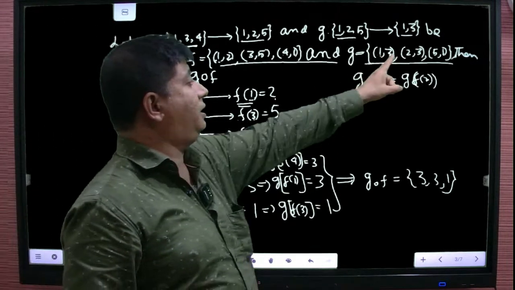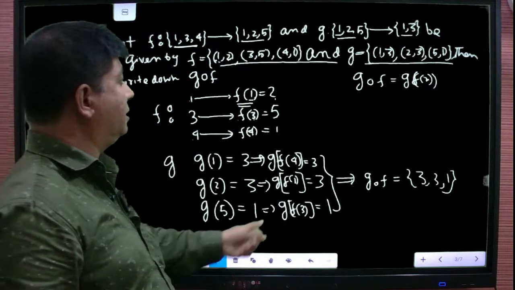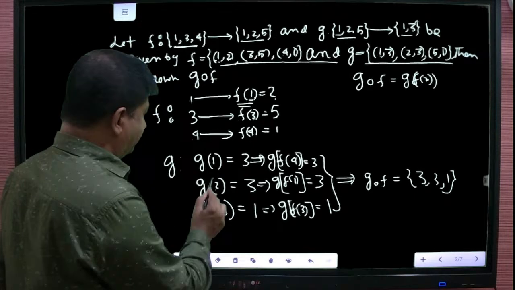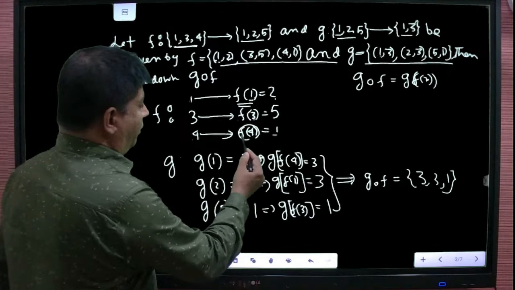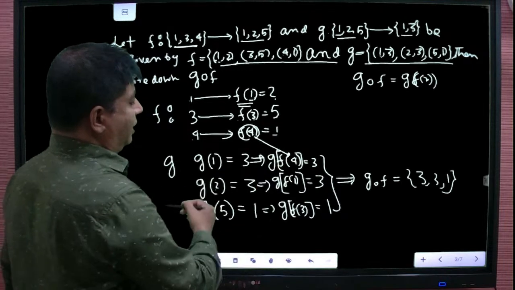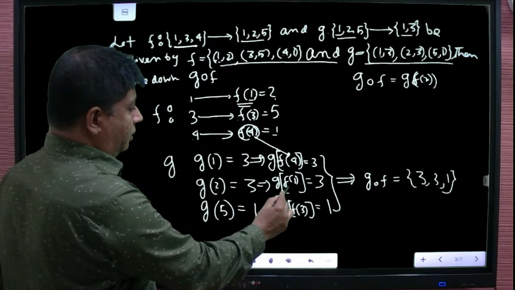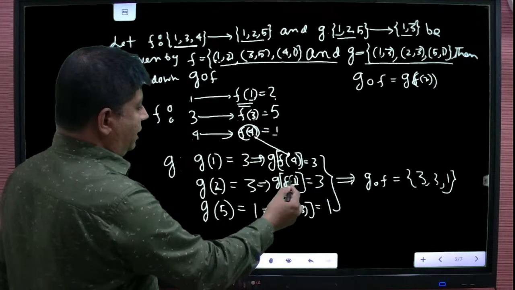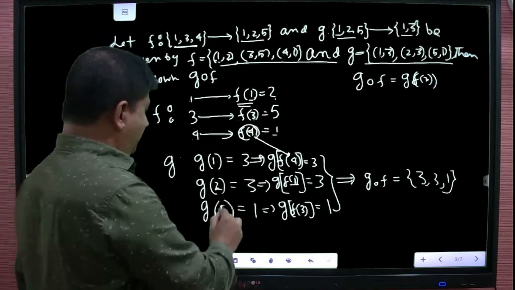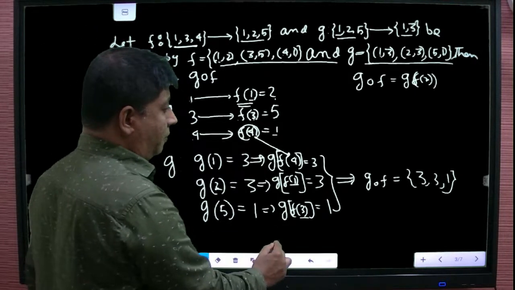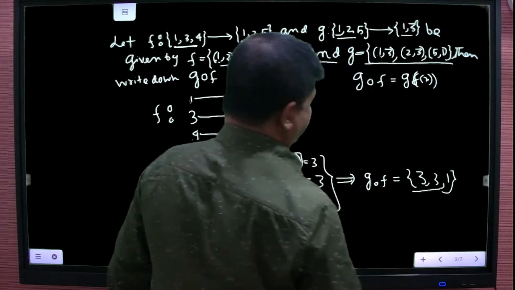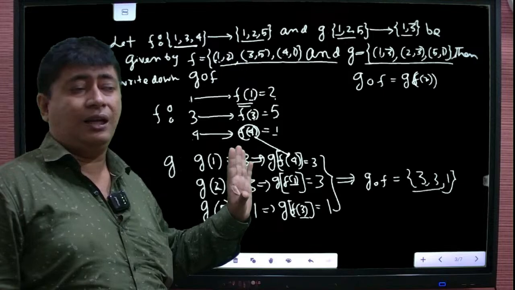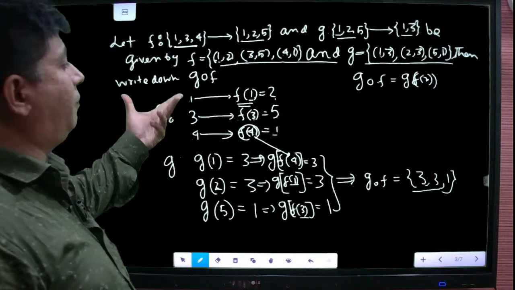G1 is equal to 3, G2 is also 3, G5 is 1. Now 1 means F4, that will be placed here. 2 means F1, so g of F1 is actually 3. 5 means F3, so all are GOF: 3, 3, 1. This is GOF. Conceptual question that is. So hope this can clarify the concept of FOG and GOF.